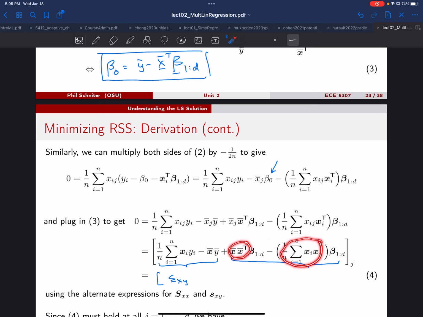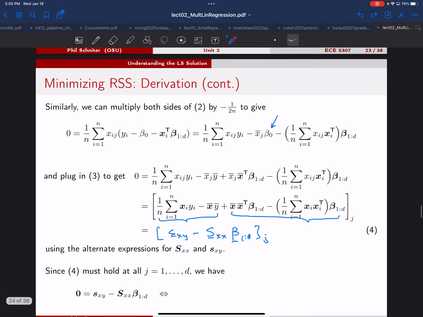Does that sound familiar? SXX. Yeah, capital SXX times beta 1 through d. And again, this is a scalar 0 here, which is the jth entry of this matrix. But the key thing is this must actually hold for all the j, not just this particular j, which means that this entire vector should be 0.